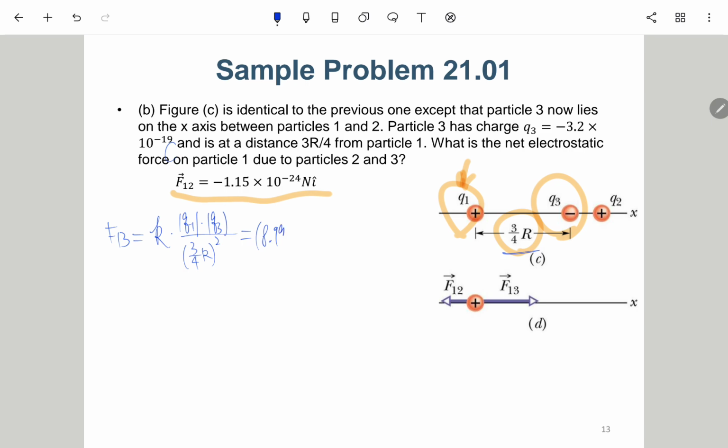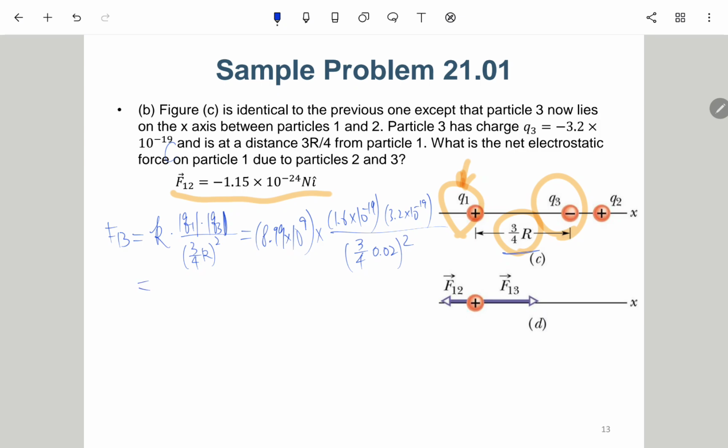K is 8.99 times 10 to the 9th power, and then times Q1, which is 1.6 times 10 to negative 19, and then the absolute value of Q3 is 3.2 times 10 to negative 19. Although it is a negative charge, actually we take an absolute value here. We only care about the magnitude. So here we only have a positive value, and then here 3/4, and then times 0.02, and then whole square.